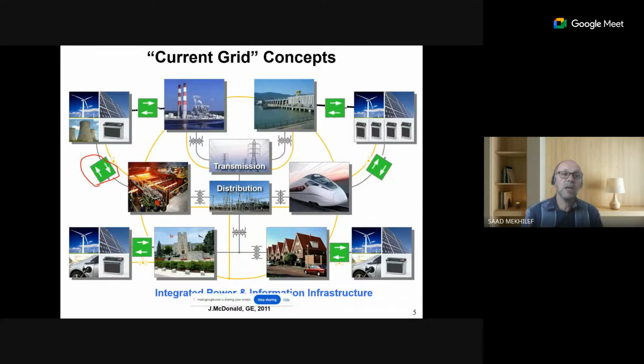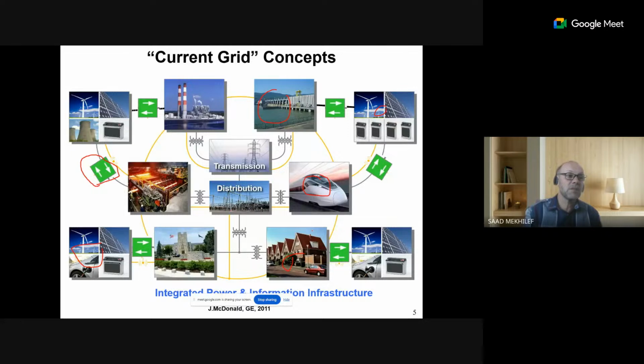The grid is now moving into this. That's why I put it between brackets: it's current, which means it's transforming. It's still not yet there, but this is the future. We will have a lot of renewables, nuclear, even gas and hydro power plants, solar, electric trains, electric vehicles, homes.